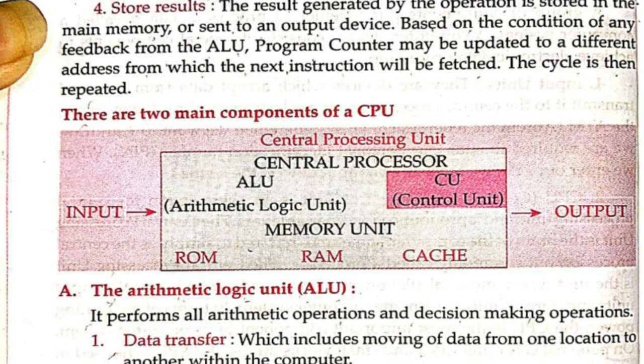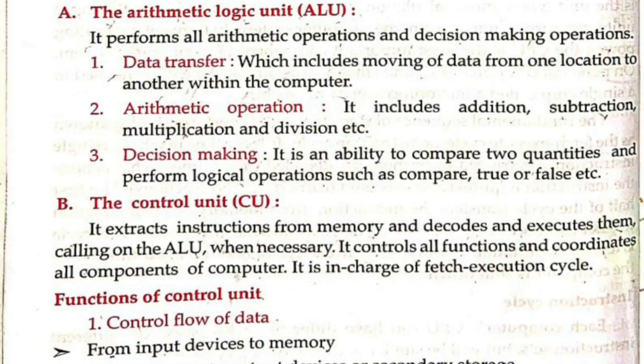There are two main components of a CPU. The arithmetic logic unit (ALU) performs all arithmetic operations and decision making operations. Data transfer includes moving data from one location to another within the computer.